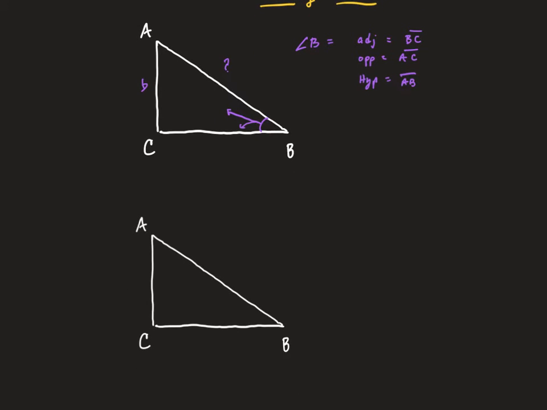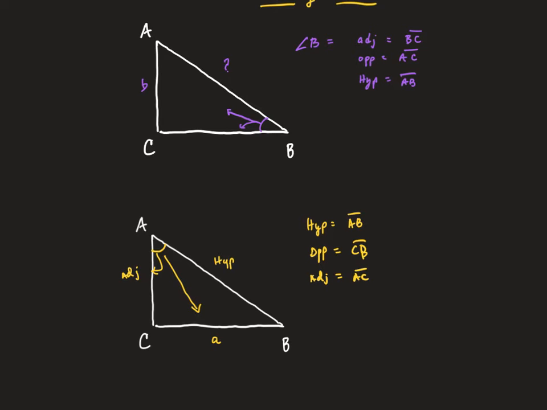When I look at angle A, of course my hypotenuse is going to remain the same, right? My hypotenuse is still AB. My opposite is going to be right across from here, so my opposite is going to be segment CB. And then my adjacent right here, my adjacent is going to be AC.